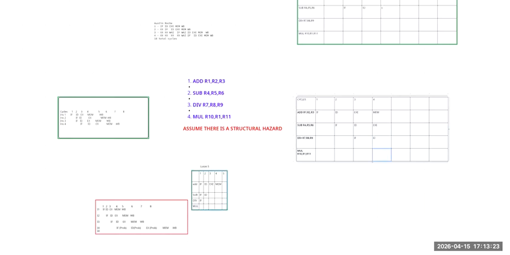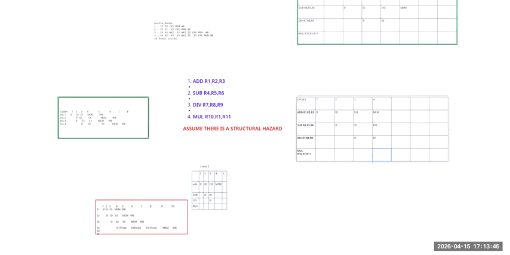So instruction 4, whether this instruction 4 will be allowed inside the pipeline or not. Instruction 1 is in the memory access stage, so instruction 4 will not be allowed in the fifth cycle.